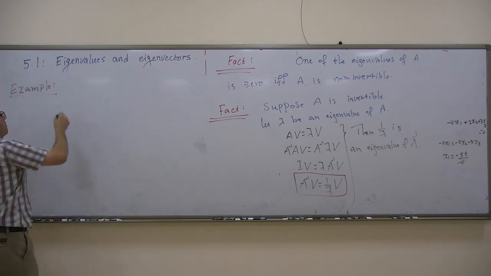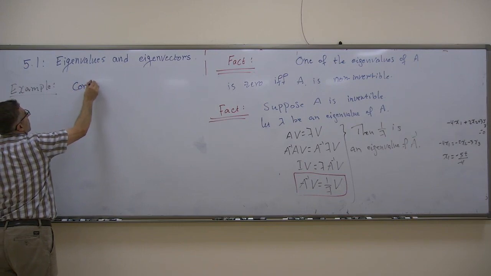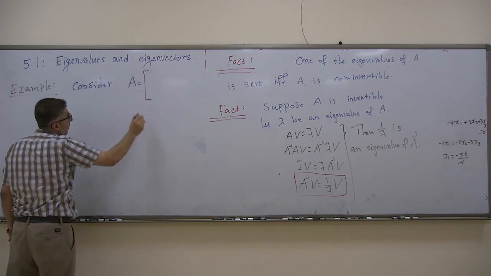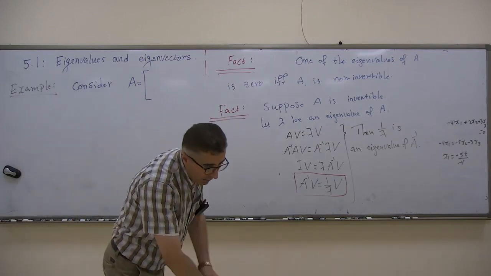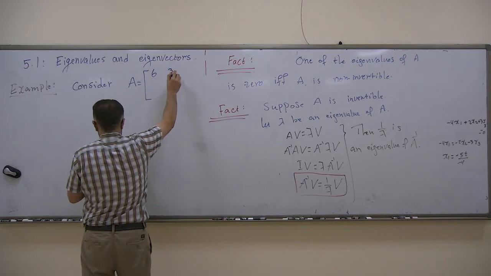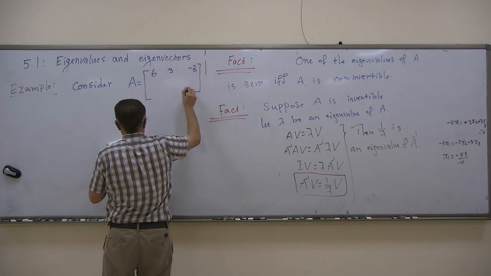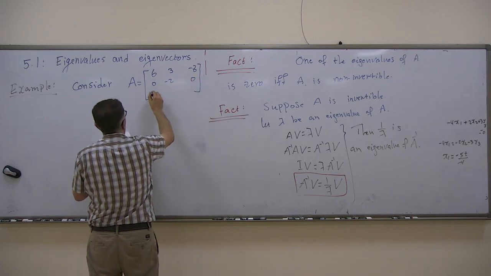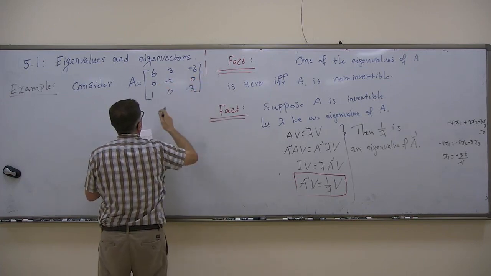Consider A equals, I'm going to take a 3 by 3 matrix here, 6, 3, 6, 3, negative 8, 0, negative 2, 0, 1, 0, negative 3.